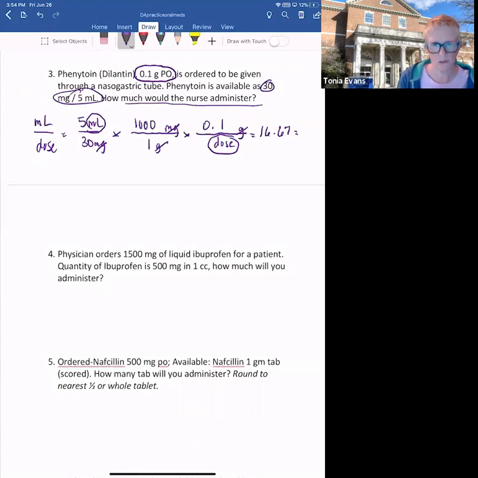If it's less than 1, most of the time you're going to round to hundredths. But again, pay attention to your rounding rules that are on your quizzes and exams, because that counts. If you round incorrectly, I know I've told you guys this before, but that's one of the number one things that I've seen that will cause people to get questions wrong, is not following the rounding rules. So follow the rounding rules. In this case, because it's greater than 1, I'm going to round to 16.7 milliliters per dose.